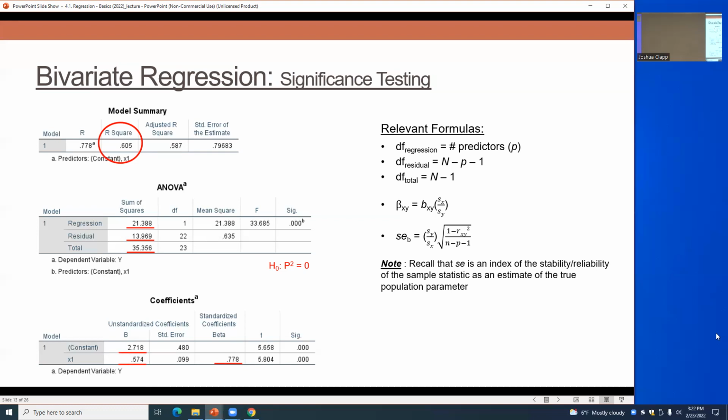Okay, so now what is my value of A from this regression model?